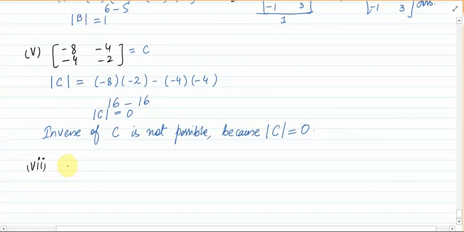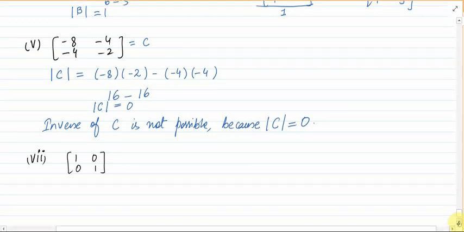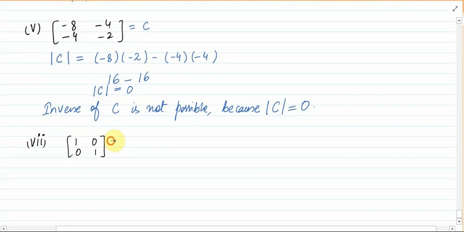After question number 5, I'm going towards part 7. It says [1 0; 0 1]. In our last class, I told you that this matrix is an identity matrix, and we discussed the properties of the identity matrix as well. First, let's label this matrix D. The determinant is 1 into 1 is 1, minus 0 times 0 is 0, so 1 minus 0 is 1.